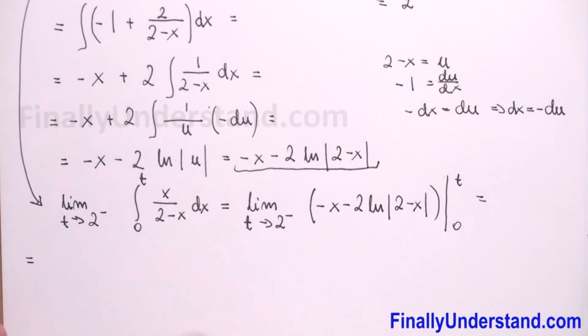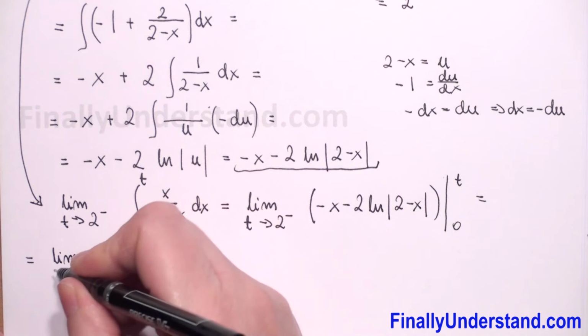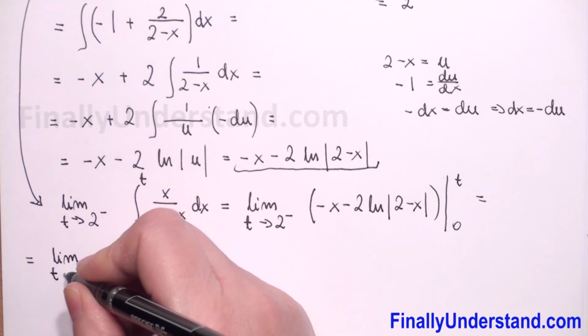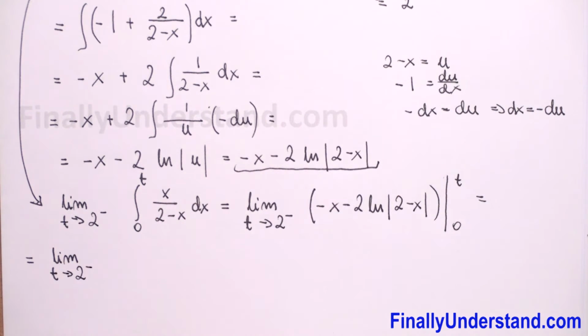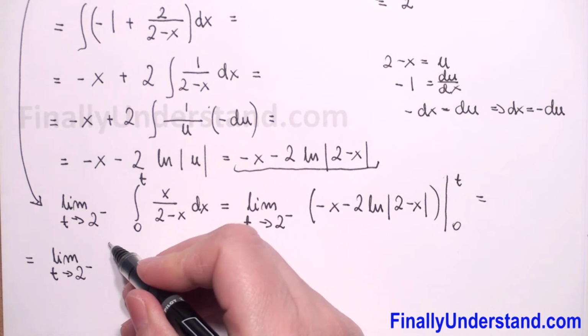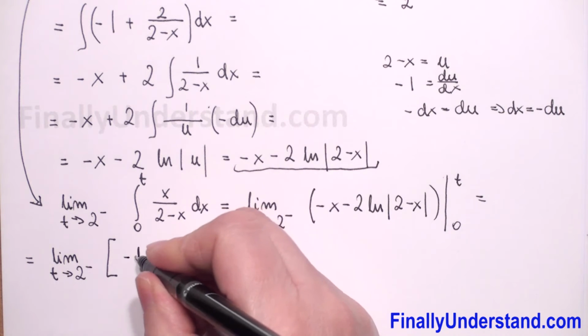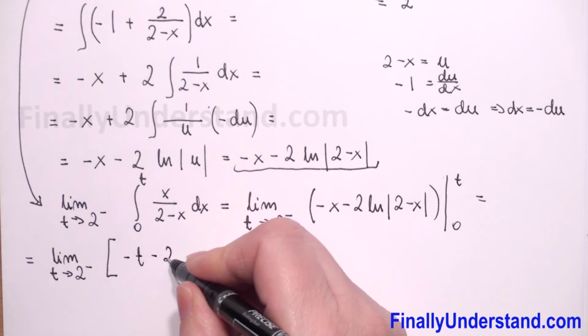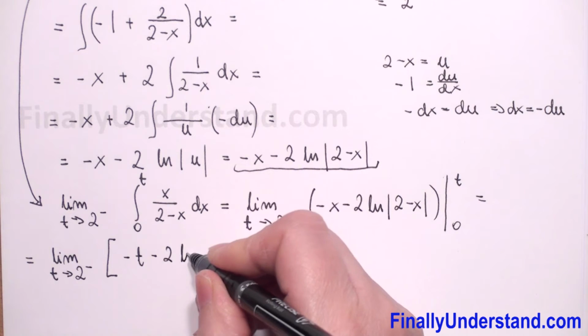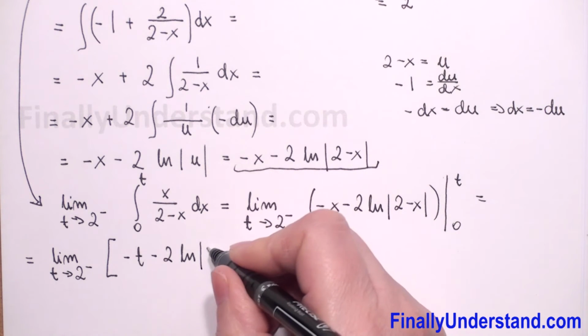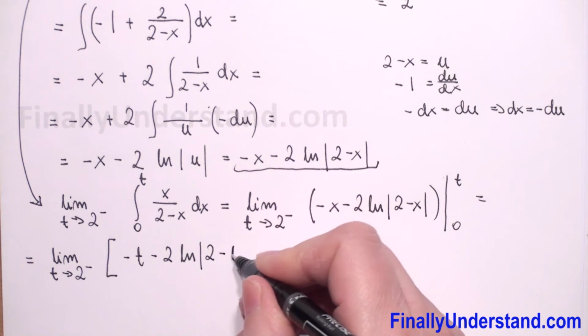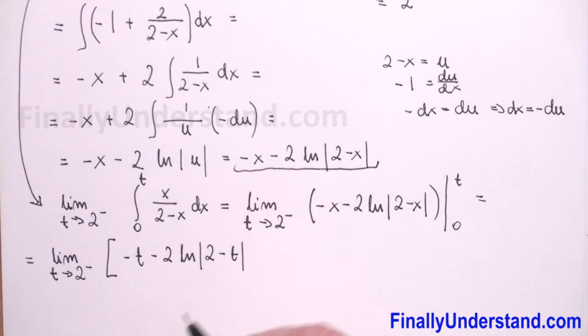And of course the limit we copy as t goes to 2 from the left, and in brackets we replace x by t first, so it will be negative t minus 2 times natural logarithm of the absolute value of 2 minus t, and we subtract the lower limit, so we put 0.